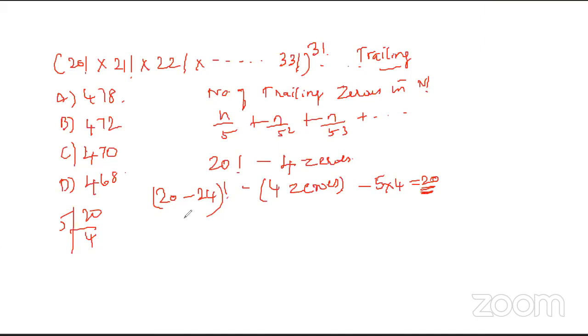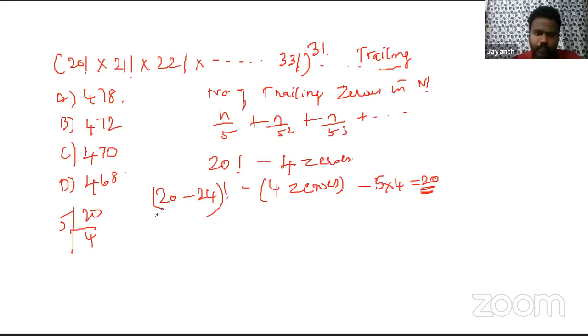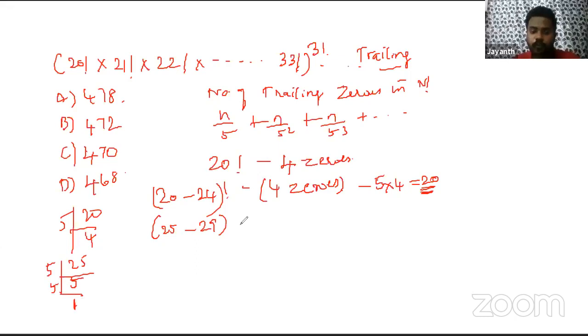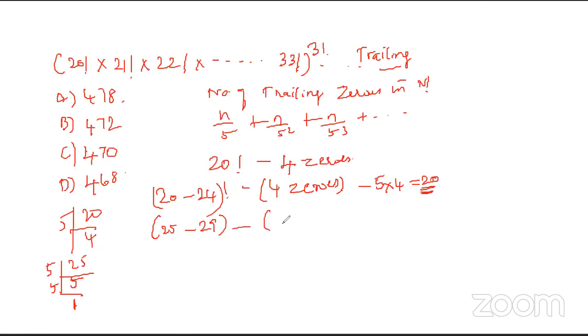Yes, sir. Okay, fine. Next, we go for 25 to 29. In 25 factorial, how many 5s are there? 25 divided by 5 is 5. And in 5, how many 5s are there? 1. So here we have 6 zeros.